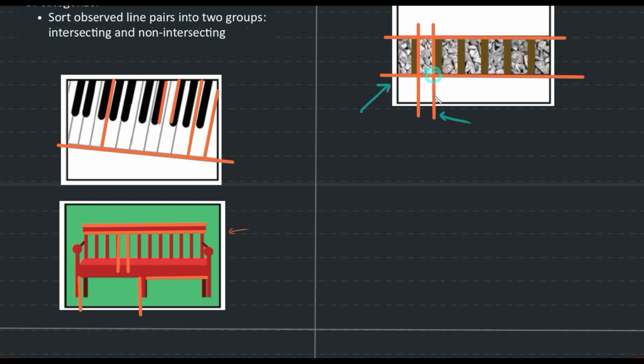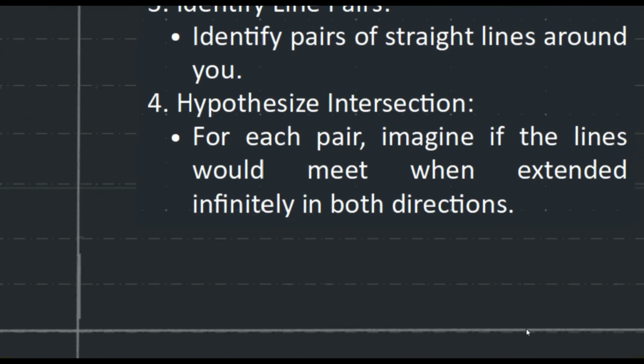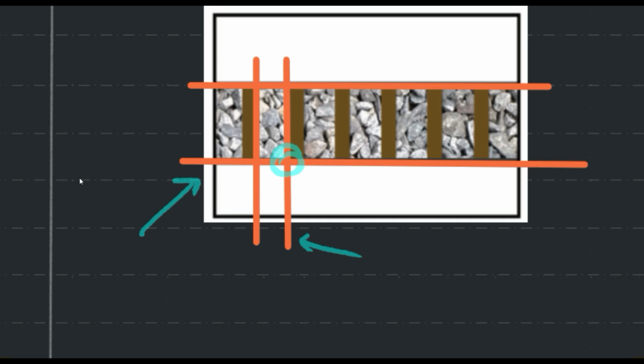What is the most noticeable difference between lines that meet and those that don't? Well, those that are meeting, they get closer. Let me explain this way. We are looking at this line and this line.